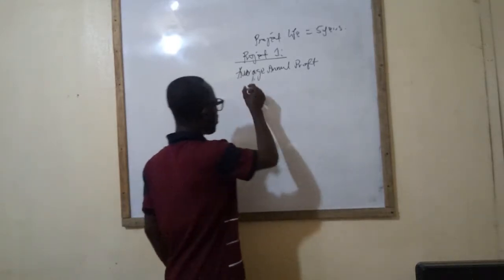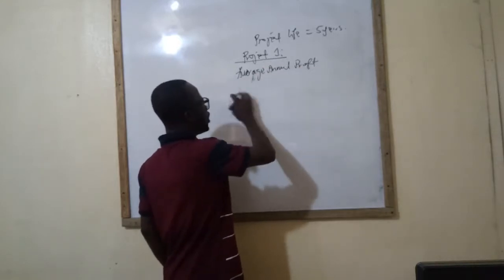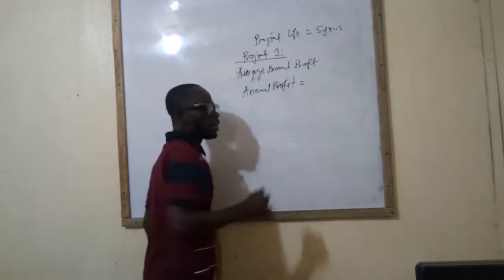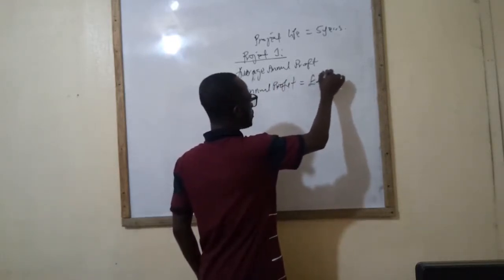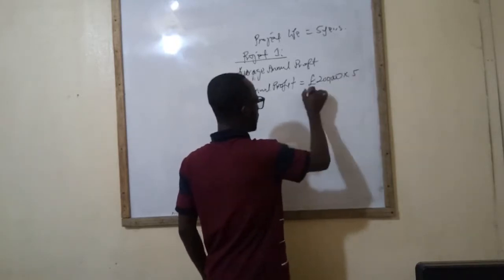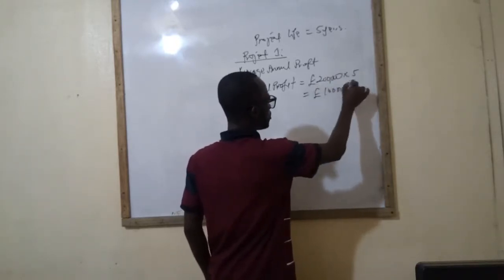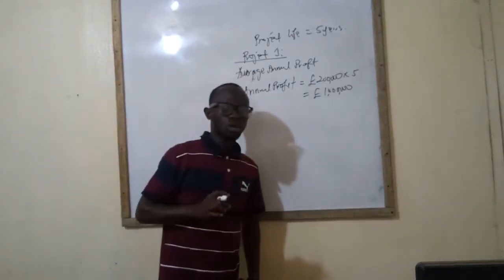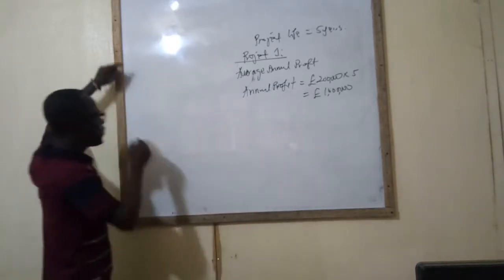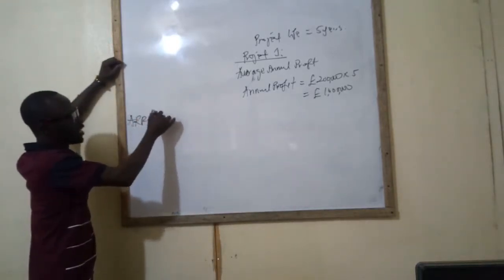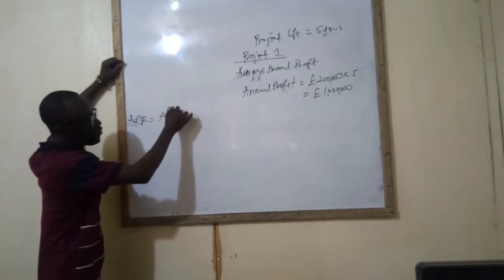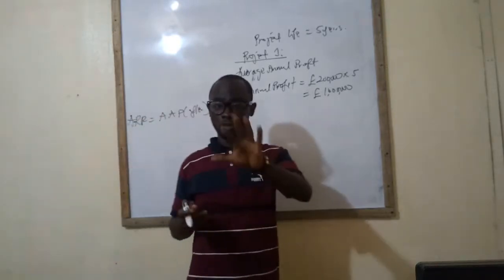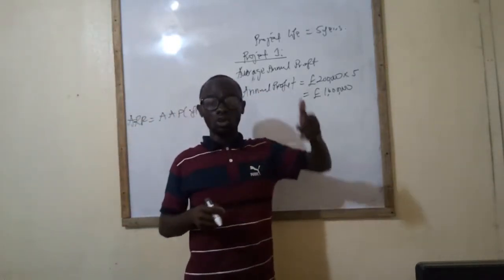So before we come to average annual profit, we need the total profit. The total profit is going to be £200,000 times 5, and that is going to give us £1 million. Remember, the accounting rate of return uses the average annual profit after depreciation, so we need to calculate depreciation because this profit excludes depreciation.